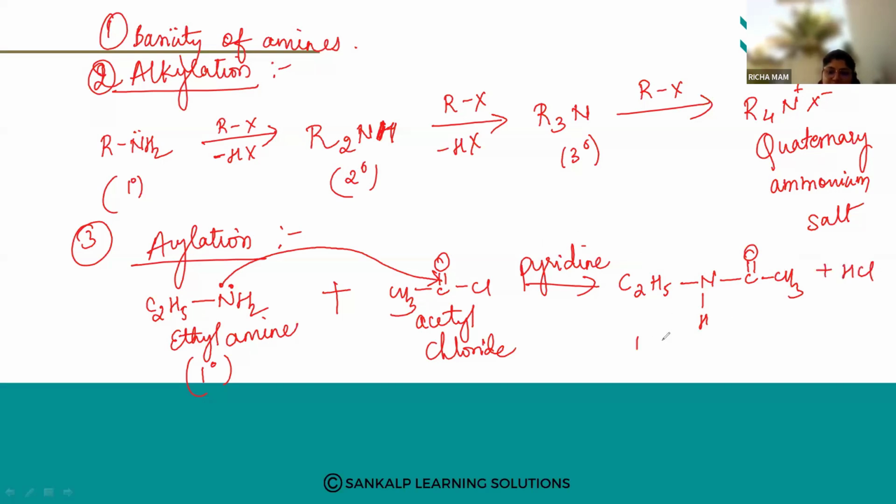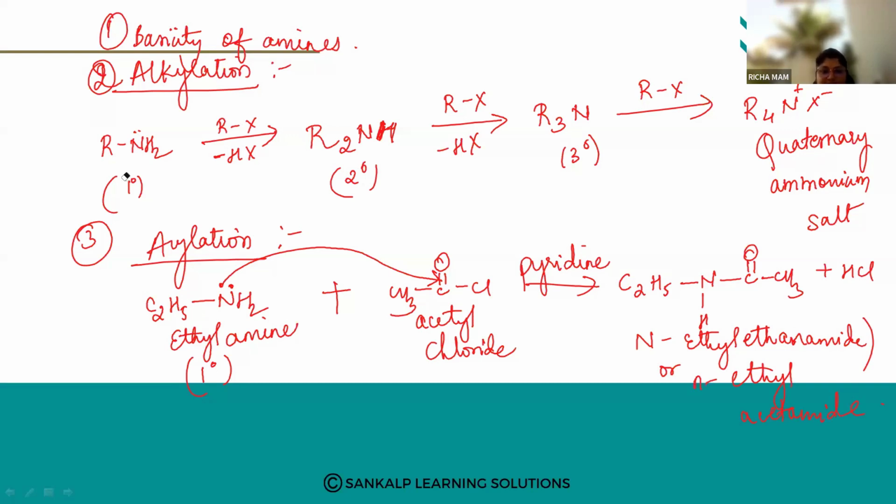The product is N-ethyl ethanamide, or you can say N-ethyl acetamide. So this was the acetyl acylation.